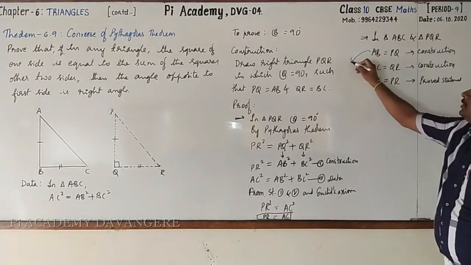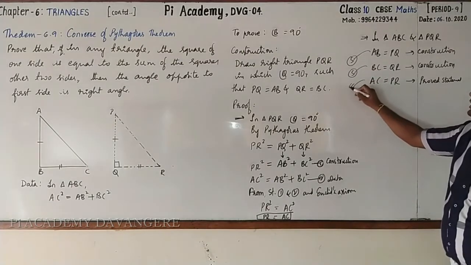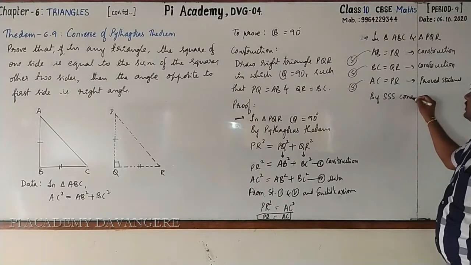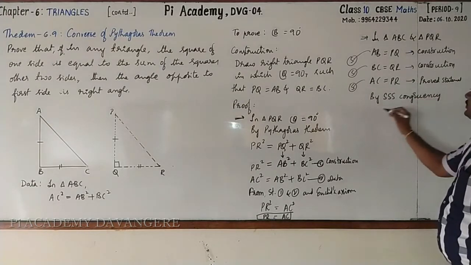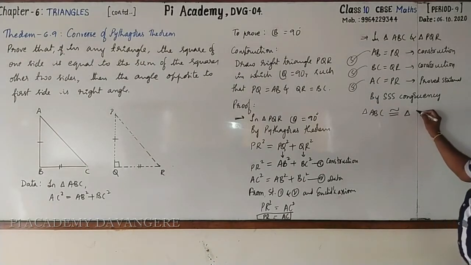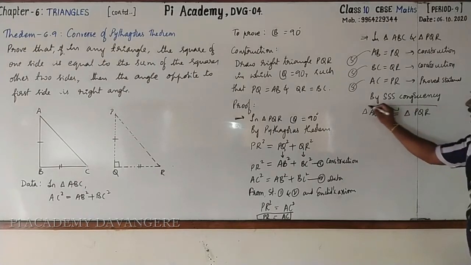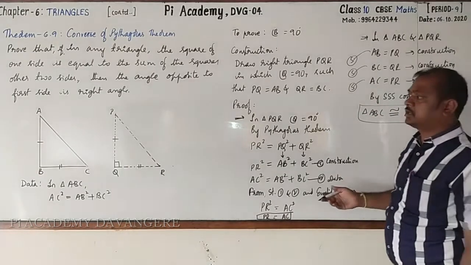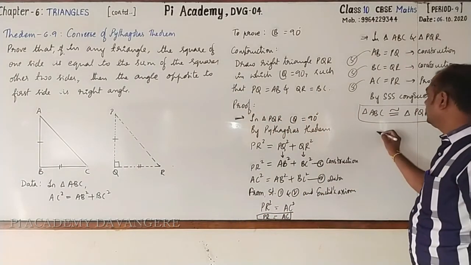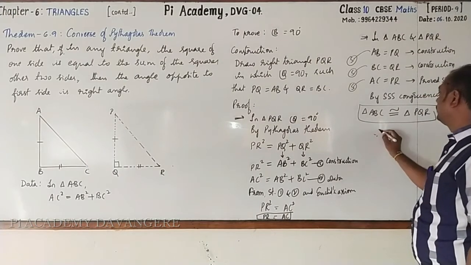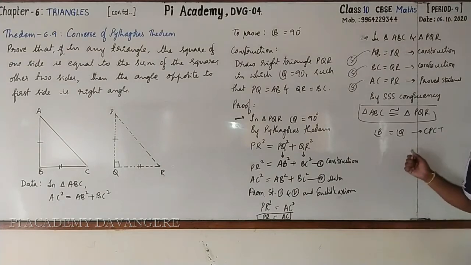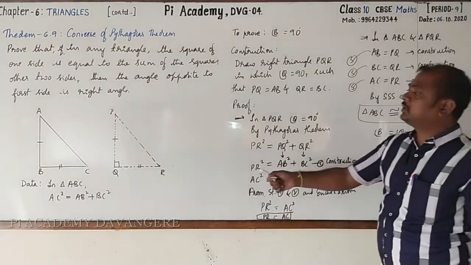Next, all the three pairs of corresponding sides are equal by SSS congruency. Triangle ABC is congruent to triangle PQR. Very important. When two triangles are congruent, their corresponding angles will be equal, right? I can write angle B equal to angle Q. The reason is CPCT, corresponding parts of congruent triangles. What is the measurement of angle Q?